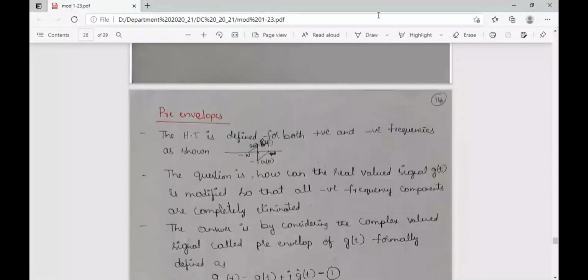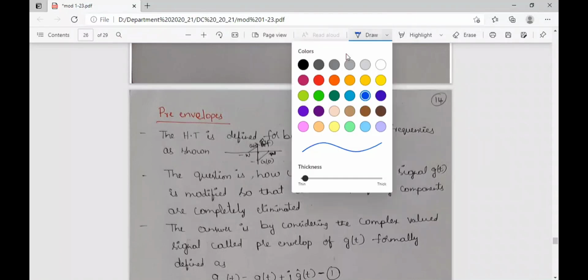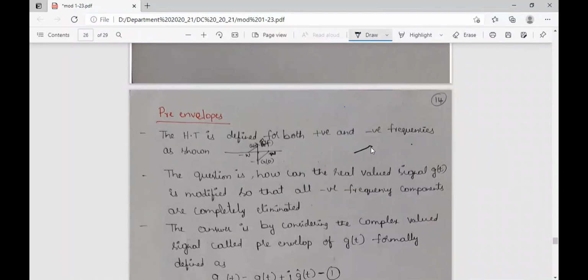Okay, so generally the pre-envelope, okay.